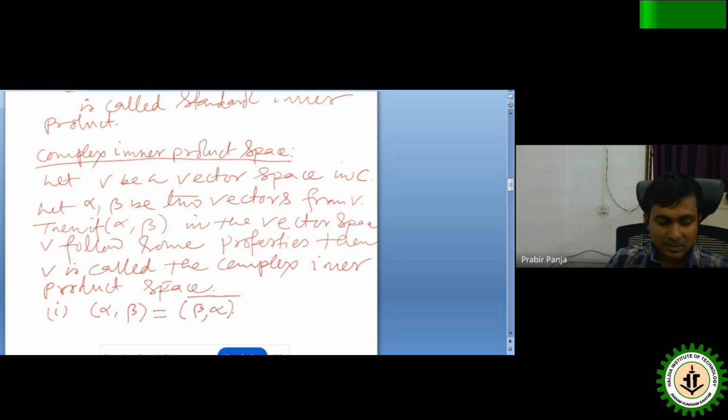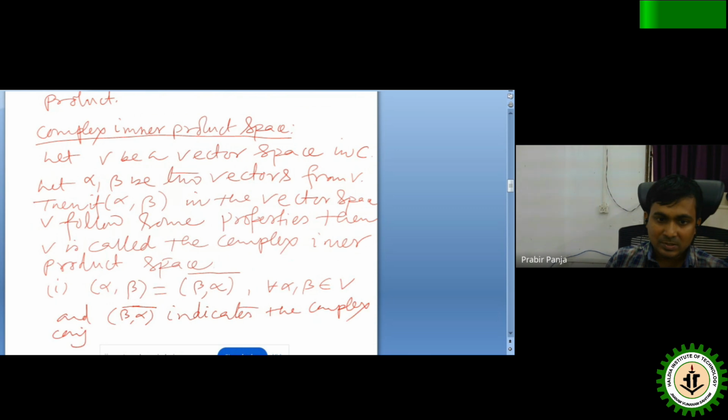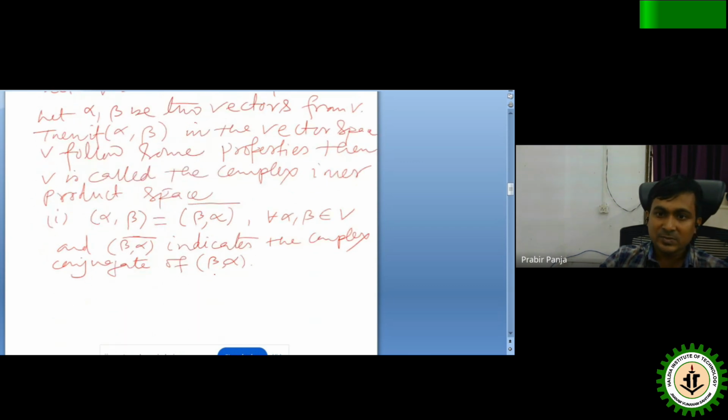Here alpha beta are from vector space V, and beta alpha bar indicates the complex conjugate of beta alpha. So this is the first condition for complex inner product space.